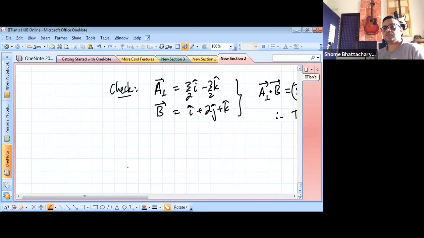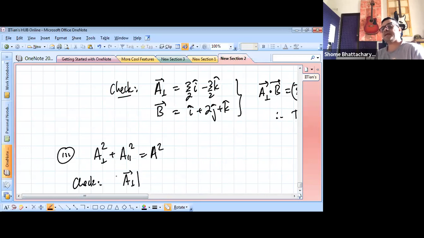And the third thing it has is that a perpendicular square plus a parallel square should be equal to a square. So let's check that. So a perpendicular we just saw has a magnitude of 3 by root 2. A parallel we saw earlier had a magnitude of how much?